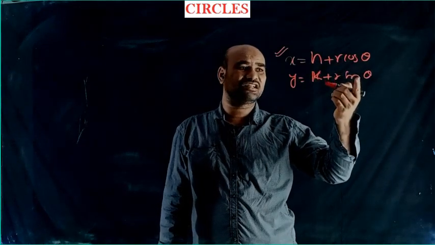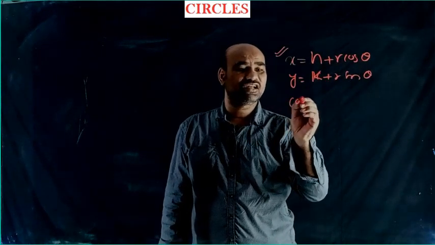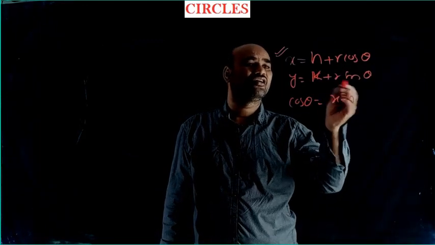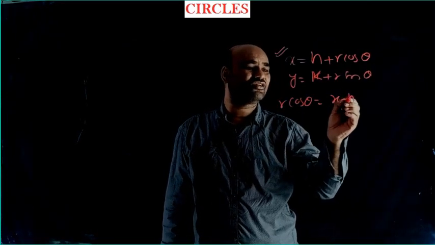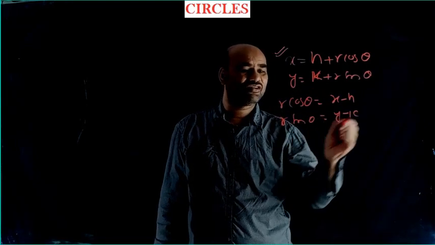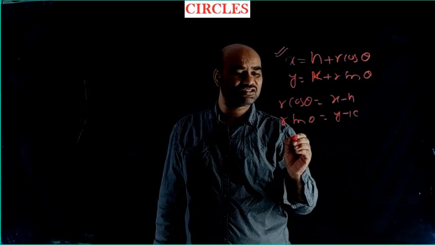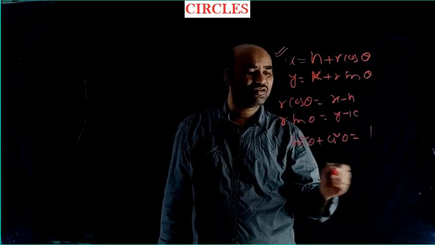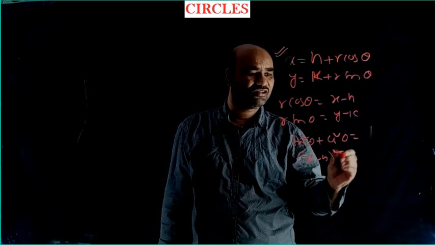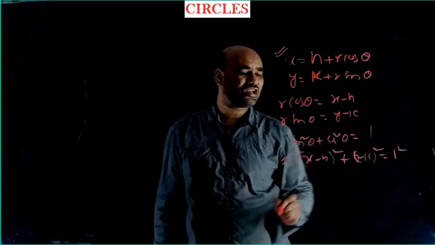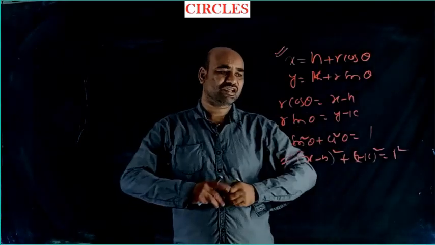If you make cos theta and sin theta the subject, r cos theta is equal to x minus h, and r sin theta equals y minus k. Automatically, sin square theta plus cos square theta equals 1, means x minus h whole square plus y minus k whole square equals r square. So this is the circle equation, whose center is h comma k and radius is r.